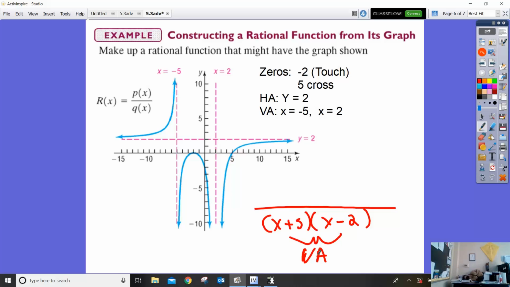Zeros are created where? In the numerator. What factor creates x equals -2? X minus 2. What factor creates x equals 5? That should be a plus 2. What factor creates x equals 5? It's minus 5. There's actually a little bit more to this one, but I'm not going to try and confuse you on it.